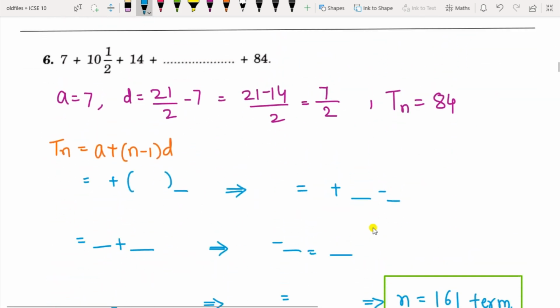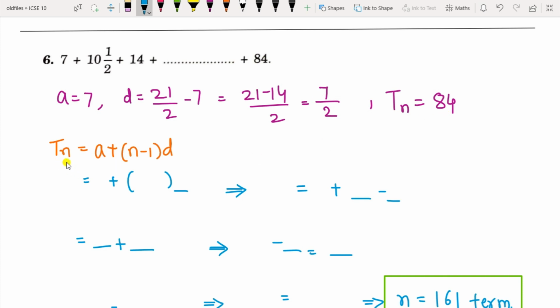Now in this one you can see here 7 plus 10 1 by 2 plus 14 plus dot dot dot plus 84. Here the word terms is not written, so it is the value of the last term. So A is 7, D is 21 by 2 minus 7, which is 7 by 2, and the value of the nth term, that is Tn, is given as 84.